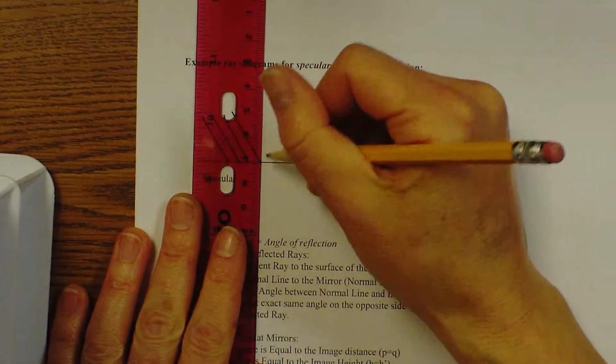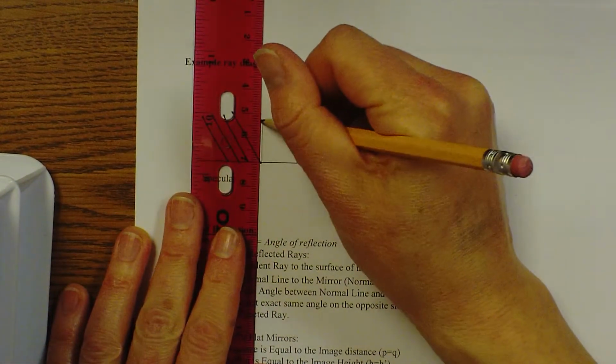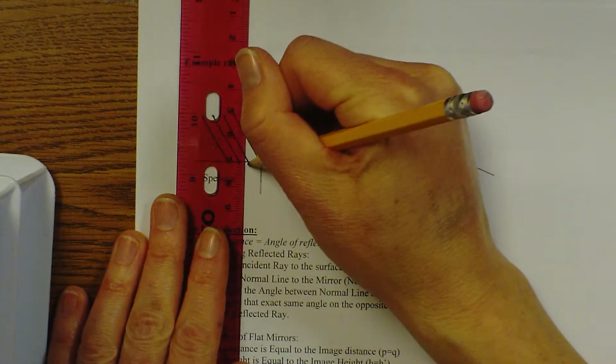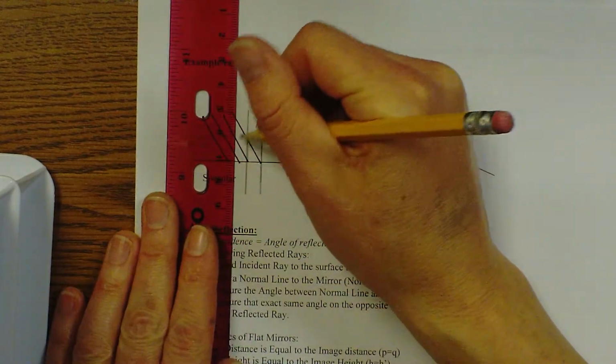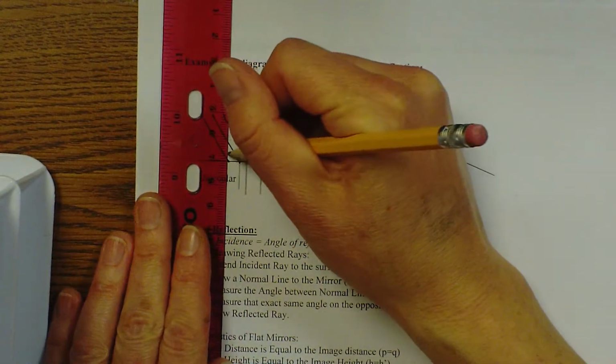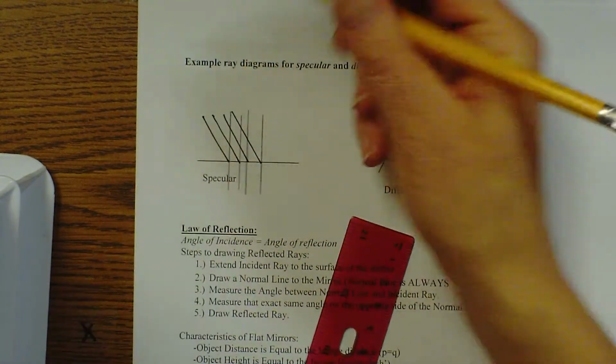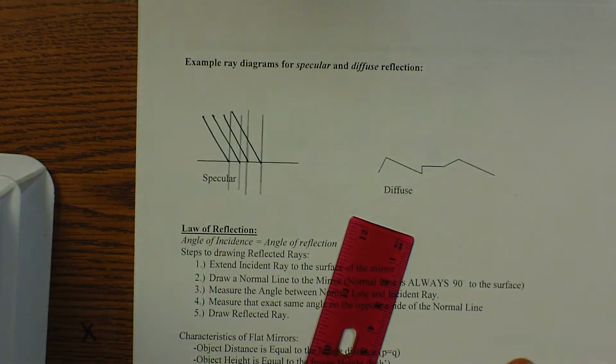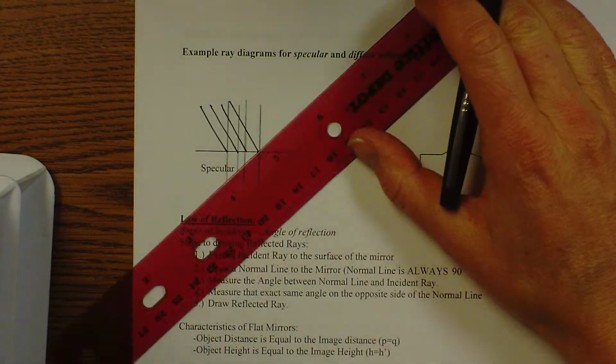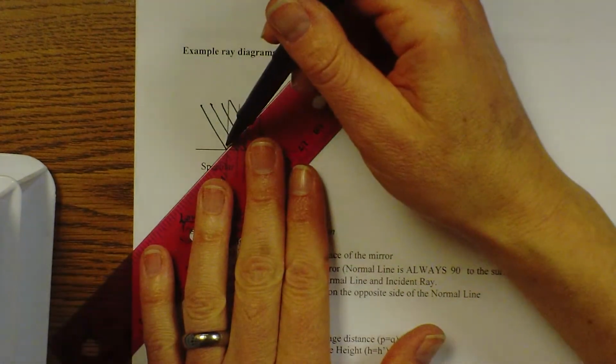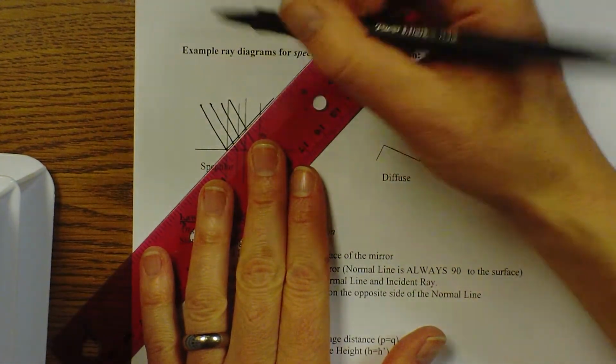That means the angle of incidence will equal the angle of reflection as measured from the normal. So let me put in some normal lines here. To really do this correctly, I would get out a protractor, but for the purposes of our notes, I'm going to sketch it.